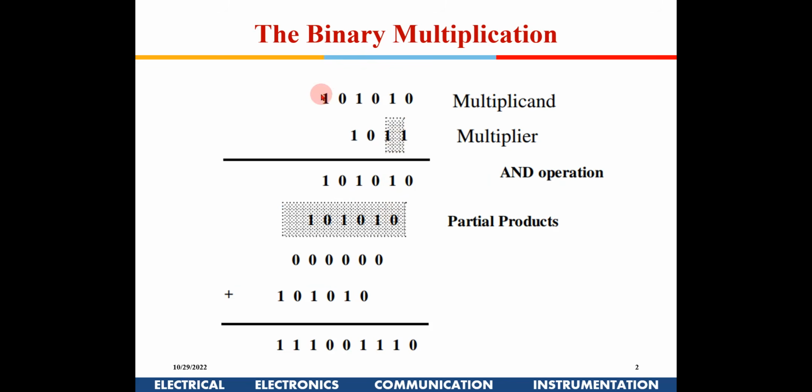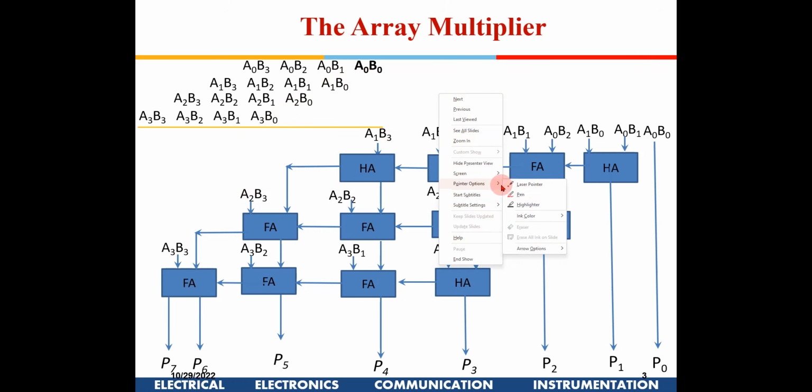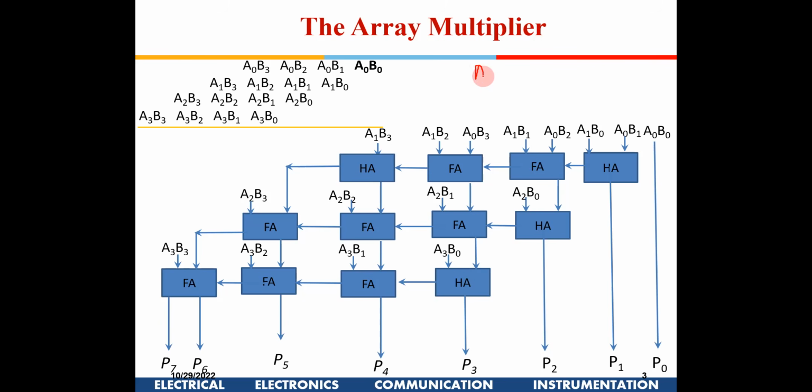I have drawn an example for 4-bit by 4-bit multiplication, where let me take a pen, what I'm multiplying is A0, A1, A2, A3 with B0, B1, B2 and B3. So this is a 4-bit number, this is a 4-bit number.